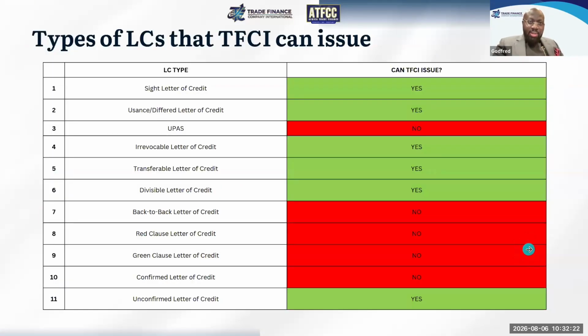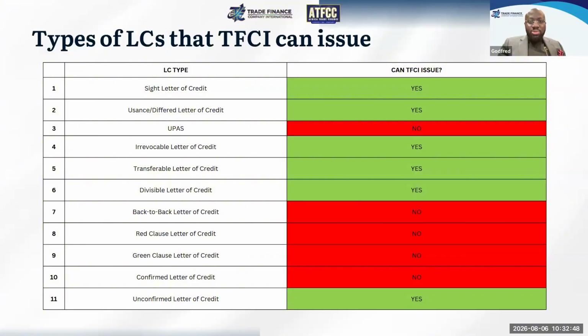Where are we now? Okay. There's this chart here that we prepared: types of LCs that TFCI can issue. There's the LC type, and the part marked green means that yes, we do issue those kinds of instruments, and the red means that it's a complete no for us.